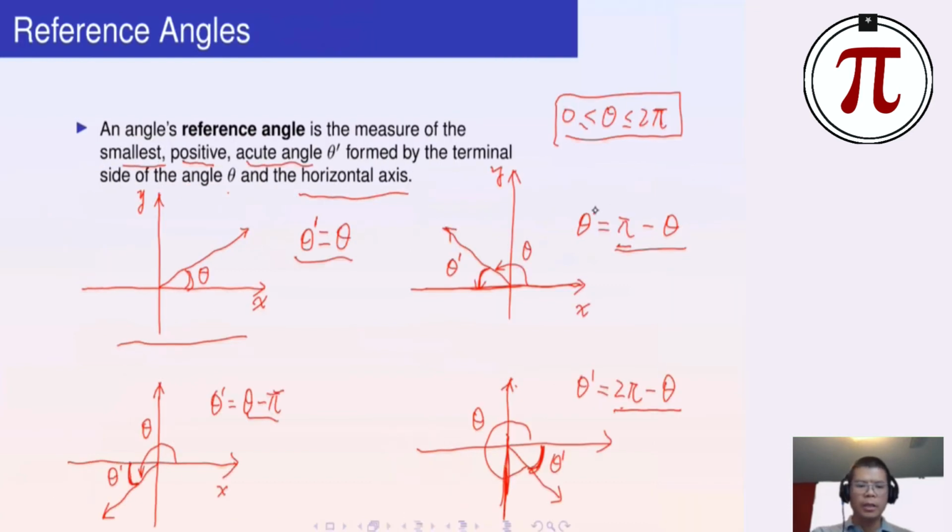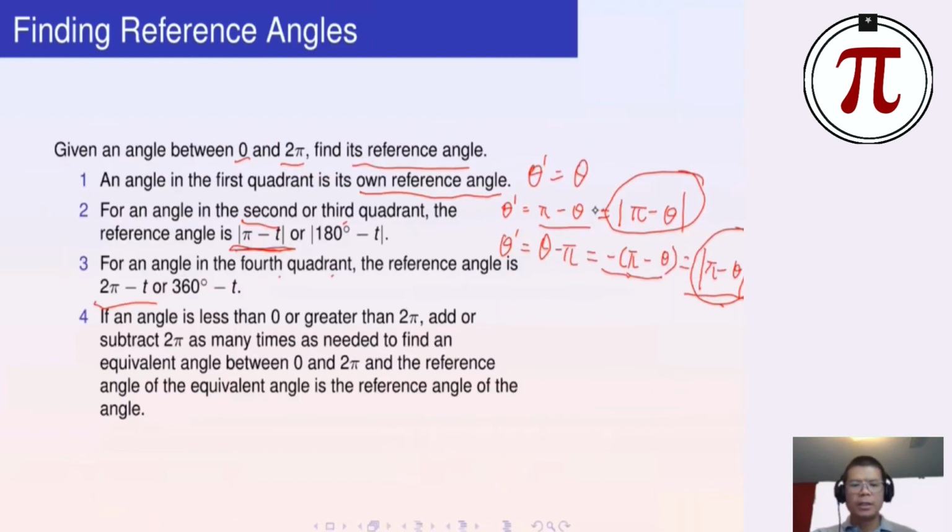Finally, this is for an angle between 0 and 2 pi. For other angles, if an angle is less than 0 or greater than 2 pi, what we do is add or subtract 2 pi as many times as needed to find an equivalent angle, meaning a coterminal angle between 0 and 2 pi.